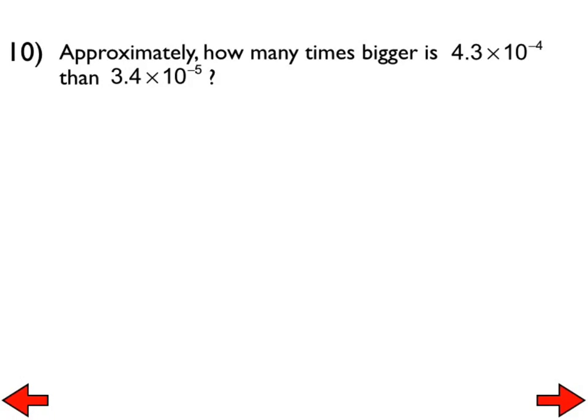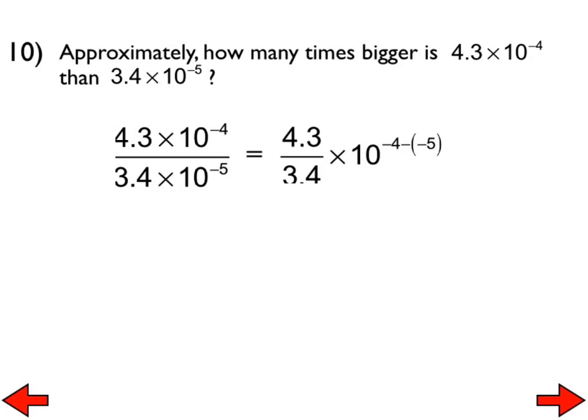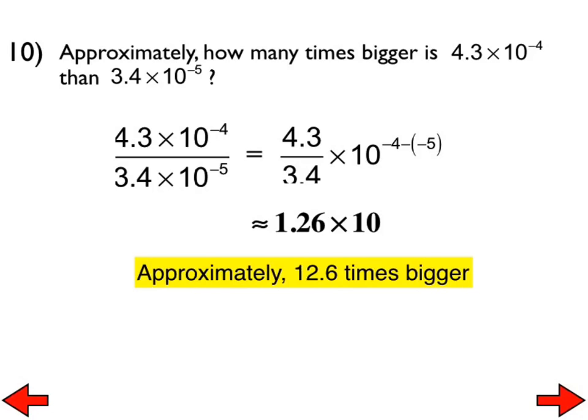We utilize the idea of dividing numbers that are in scientific notation. Split it up. Do the division 4.3 divided by 3.4. I rounded it so that I didn't have to write a very large number. And anytime we end up with something like that, it's okay to round, in this case, the 1.26, whatever it is, to 1.26. And that would give me 1.26 times 10 to the first.